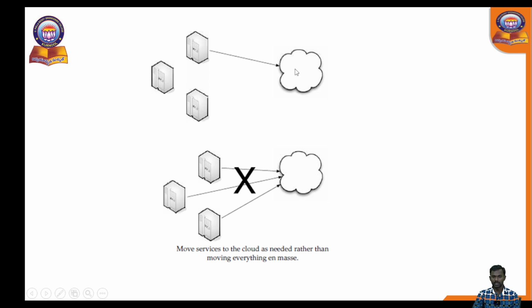Likewise the third application. Whereas in the flash cut approach, at the same time we are moving these three applications directly to the cloud. So if something goes wrong with the cloud or these services are not running in the cloud, this entire environment will collapse. So move services to the cloud as needed, rather than moving everything as a massive move.